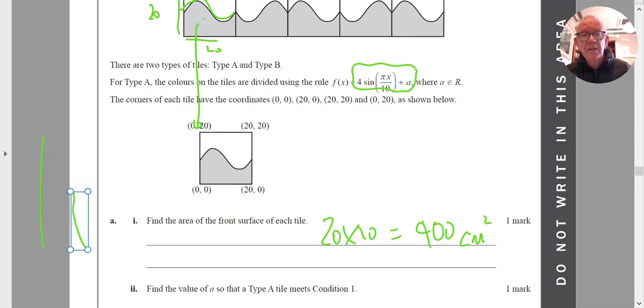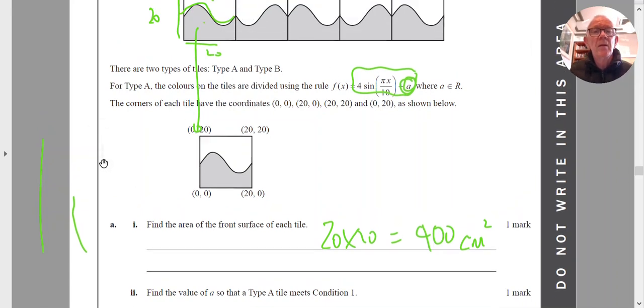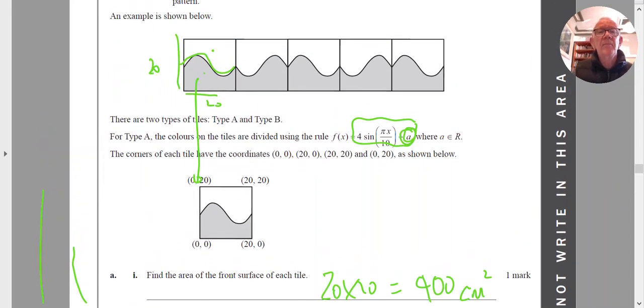Find the value of A such that tile A meets tile 1's conditions. A is the median. And if the median joins up, then this point here and this point here has to be equal.